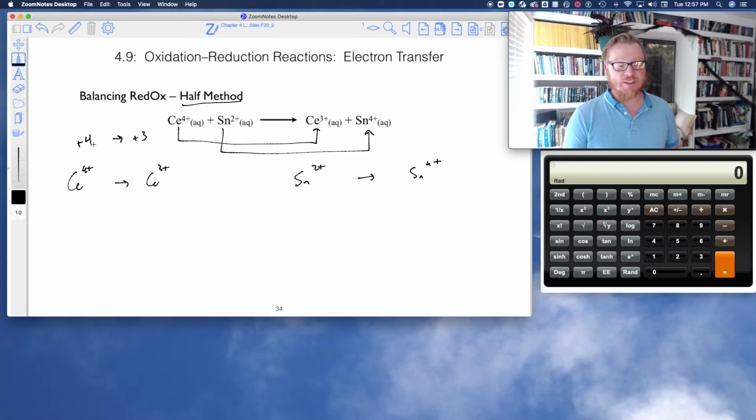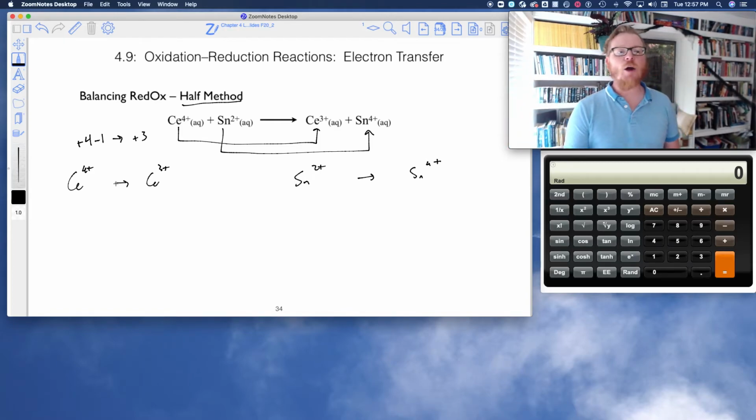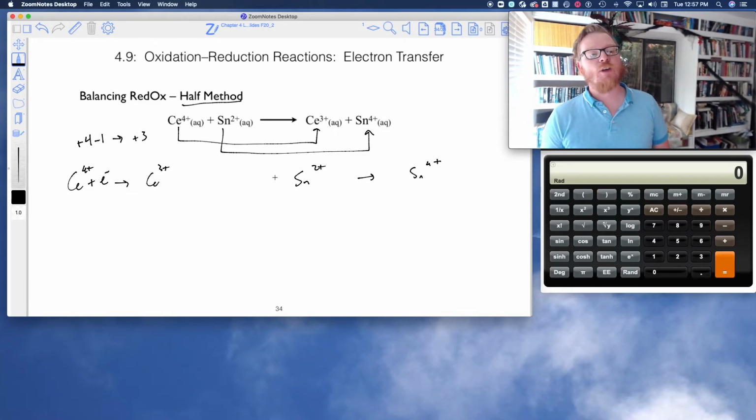And I can balance these numbers by saying plus 4 minus 1 makes plus 3. So how do I add a minus 1 in a chemical reaction? Well, I can do that by saying plus an electron, right? So when this ion reacts with an electron, it goes from being 4 plus to 3 plus.